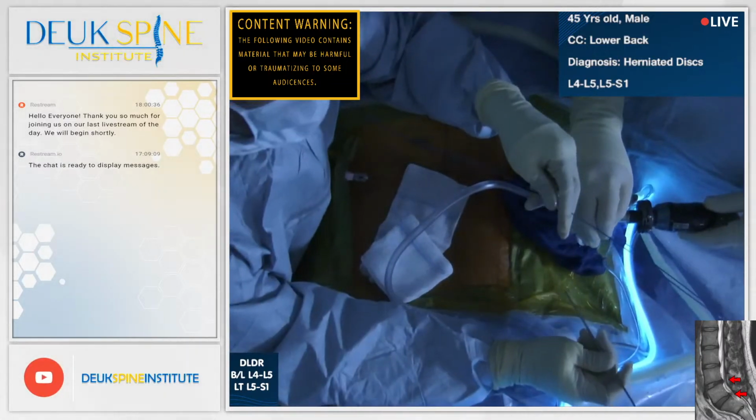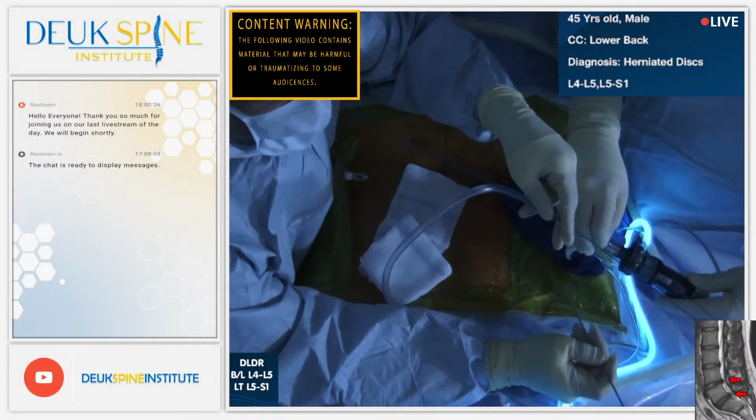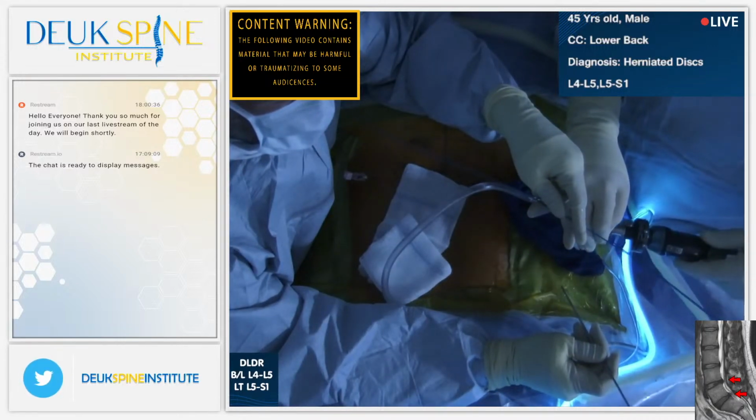See how swollen the disc is? It was just really bulging out. A lot of water. Edema, we call it.